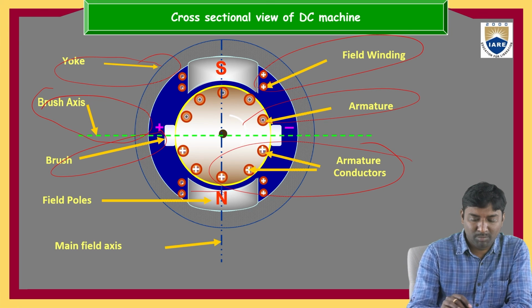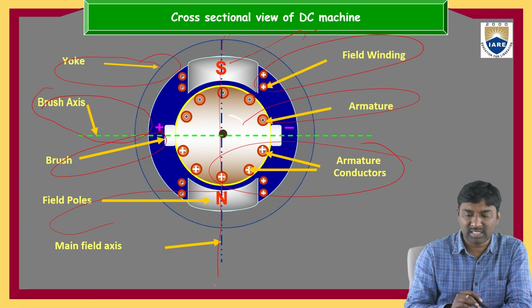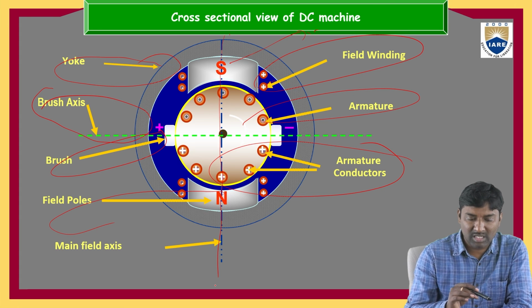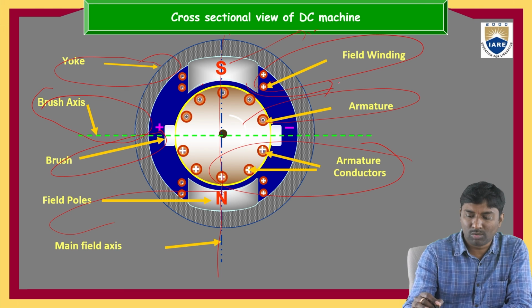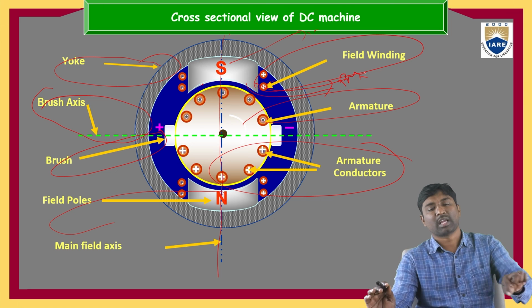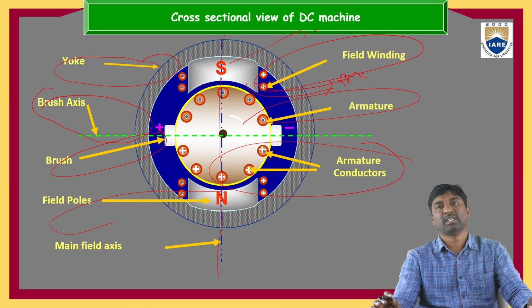These are the field poles, one north and one south pole, and this is the main field axis. This is the pole core and pole shoes. This is the cross-sectional view of the DC machine. So this is about the construction of the DC machine.